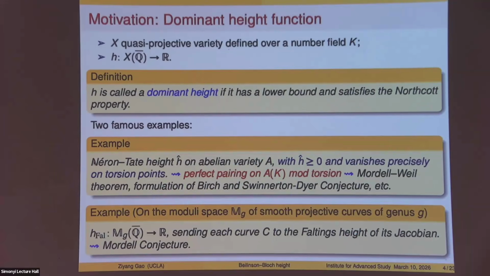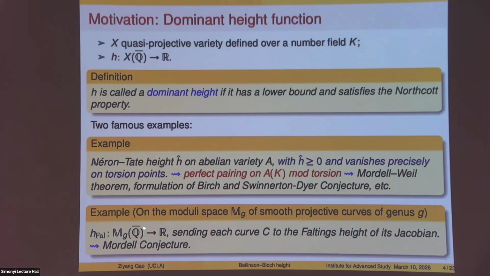Another example appeared first of all in Faltings's proof of the Mordell conjecture. He defined the height of an abelian variety, but in my talk I'll only talk about curves, so Jacobians of curves. Associated to each curve we attach a number which is called nowadays the Faltings height of the Jacobian. So the Faltings height of the abelian variety defines a function on the moduli space of curves.